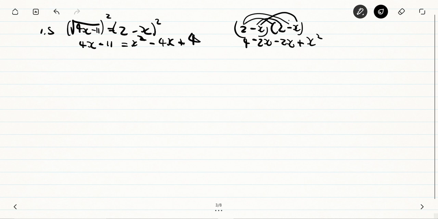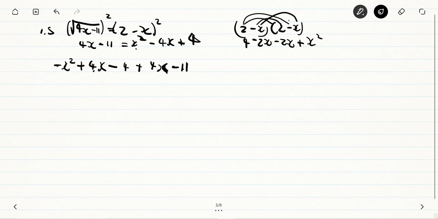So if we can take everything to the left and equate all of it to 0, we would have a much simpler equation. So let's take x squared to the left. We'll have negative x squared, plus 4x to the left as well. And then we take positive 4x to the left as well, plus 4x minus 11.